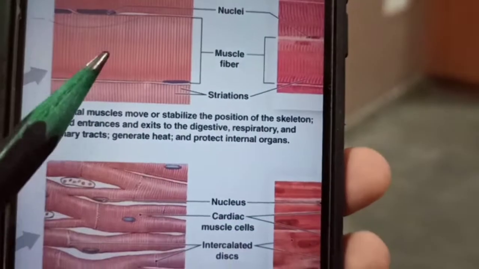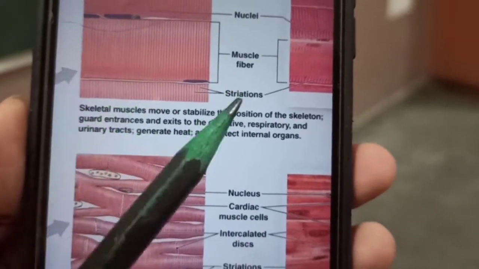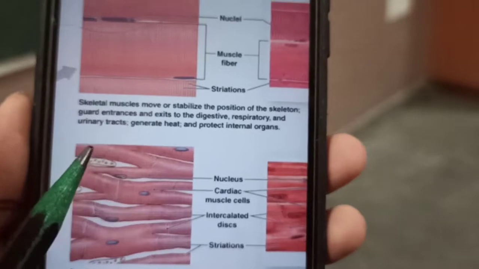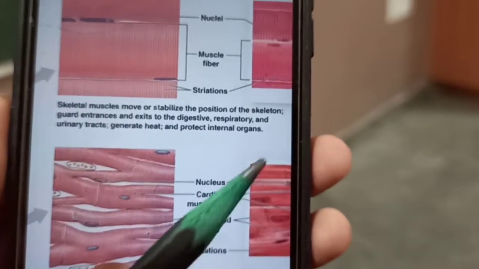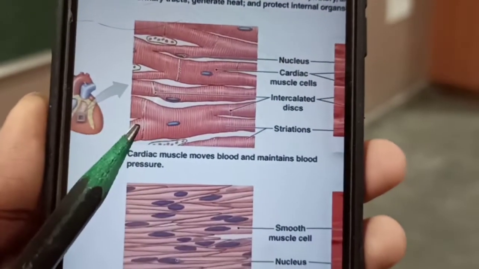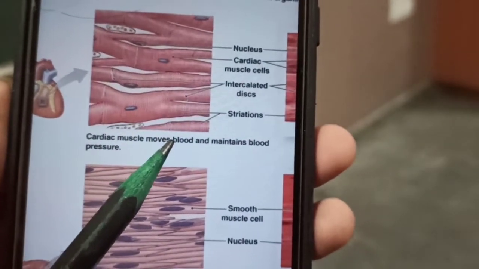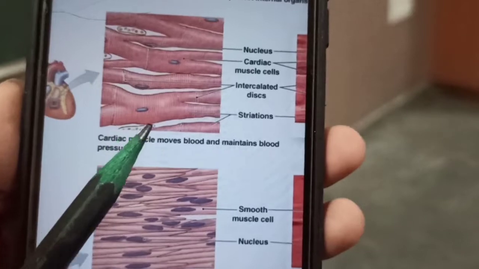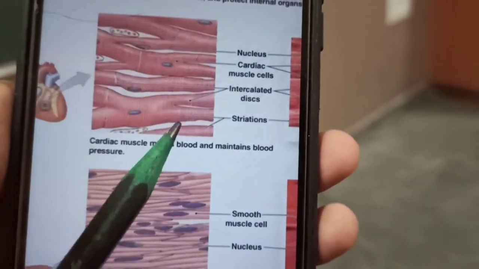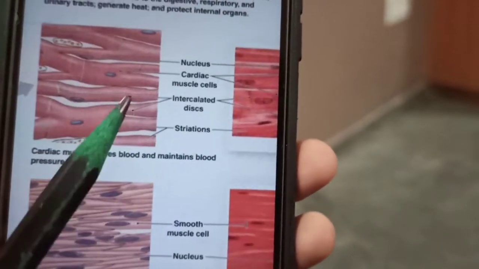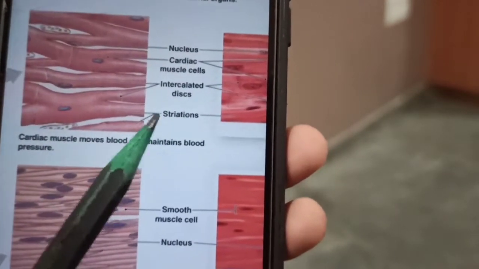Voluntary muscles work with one's will, with our consciousness. If we want to move, only then can we move it. But cardiac muscles work involuntarily. That is, automatically they contract and relax, which helps in pumping blood to all parts of our body. See, you can see a lot of striations.